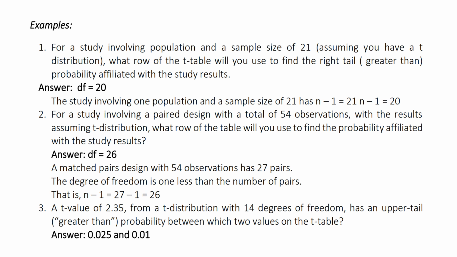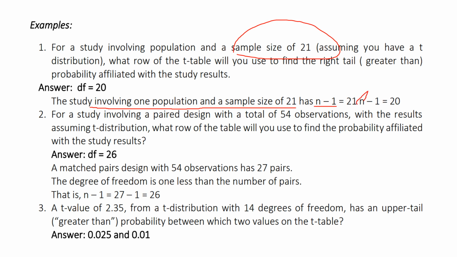Why is it 20? How can we compute for this 20? Since your given value for your sample size is 21 here, we just simply subtract 1 from your sample size. That's why the study involving one population and a sample size of 21 has n minus 1, or simply 21 minus 1, is equal to 20.